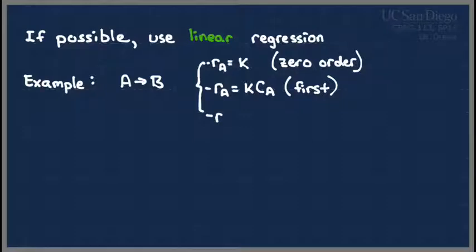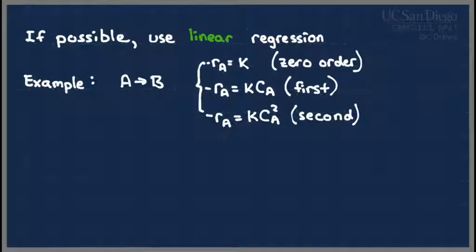Or you could say something like RA is minus k CA squared. This would be considered a second order. The only one that's elementary there is the one in the middle, but for the purposes of determining a rate law, we don't really care if it's elementary or not.